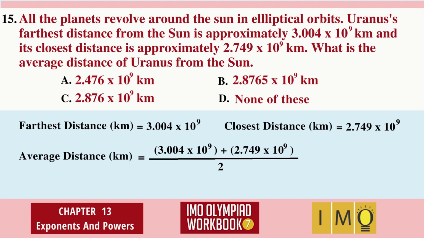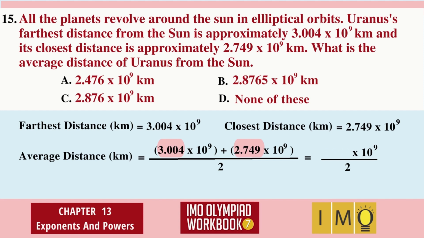3.004 into 10 to the power of 9 plus 2.749 into 10 to the power of 9 by 2. In this case, the two terms in the numerator have a product with 10 to the power of 9. So what we can do here is keep the 10 to the power of 9 as it is and add these two decimal values.